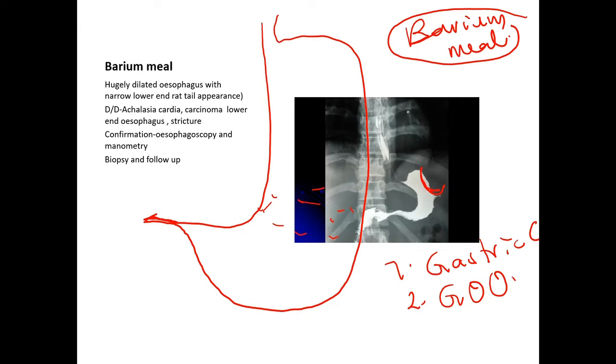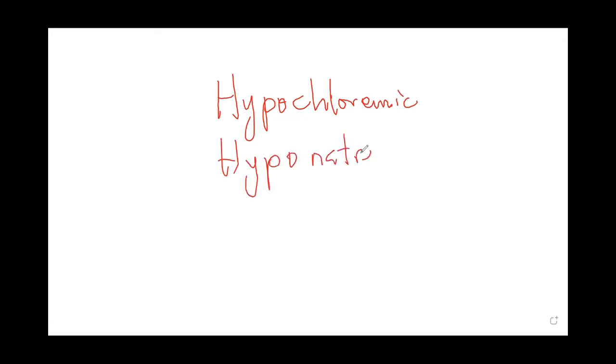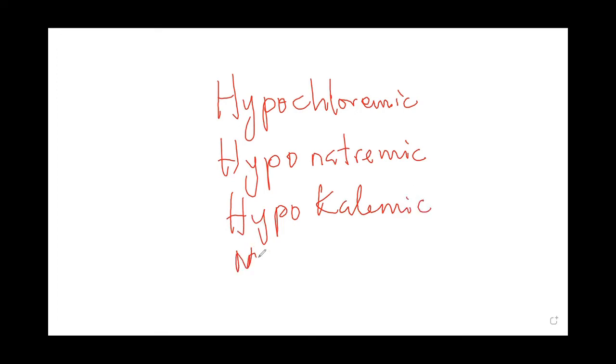Patients with gastric outlet obstruction will present with features of hypochloremic, hyponatremic, hypokalemic, metabolic alkalosis.